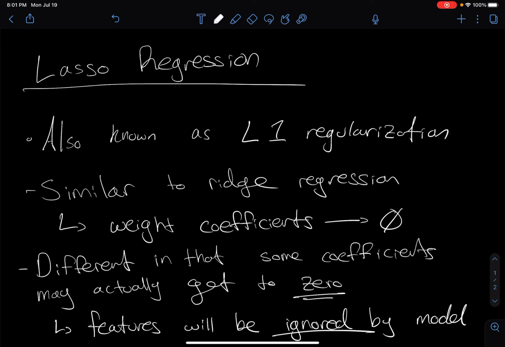And if you've seen my video on ridge regression, you can see the equation that's actually used in applying this to a data and a set of weight matrices as well as a bias. But in this one, what's different is that it's similar to ridge regression in that you're pushing your weighted matrix on your coefficients closer to zero, but in lasso regression, those coefficients can actually cause your weights to eventually become zeroed out.